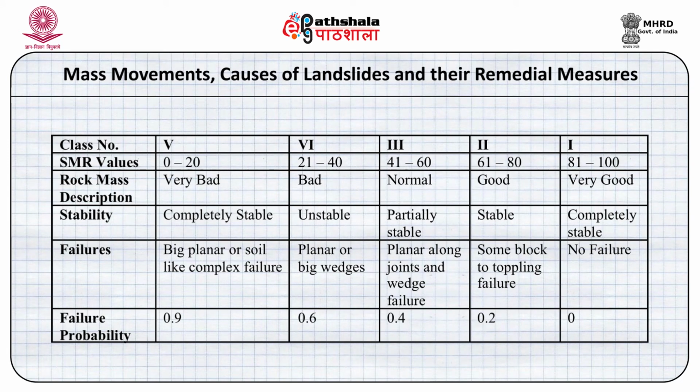But as and when these values come down, that means slope is amenable to landslide. So if we have SMR values 20 to 40, then we call it bad and unstable slope, where the failure probability may be 0.6. If it is less than 20, then it is completely unstable slope and the failure probability is 0.9.